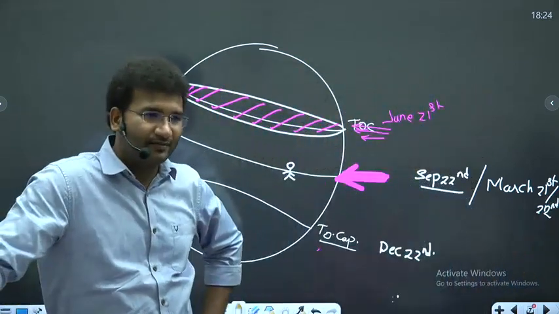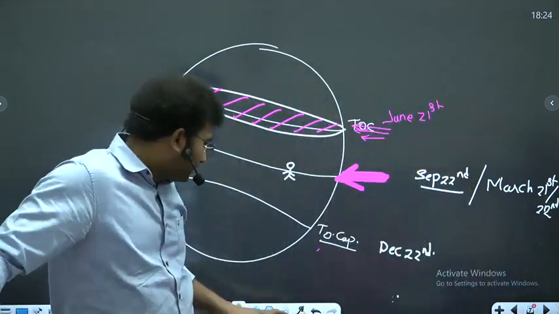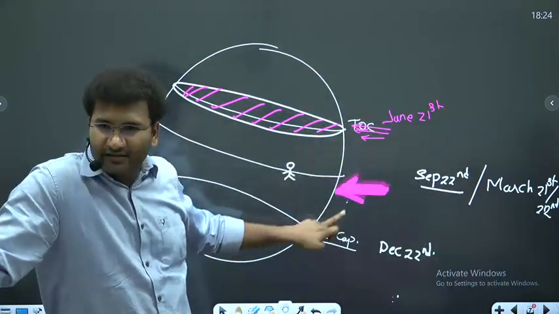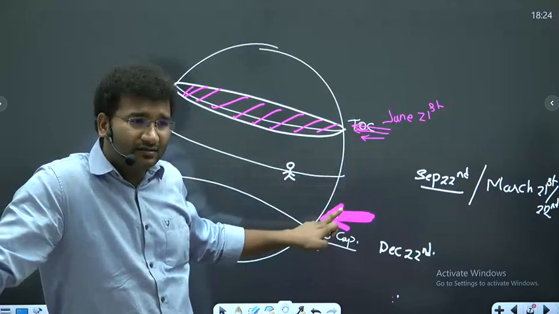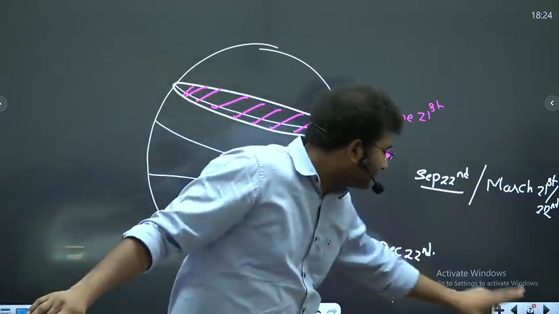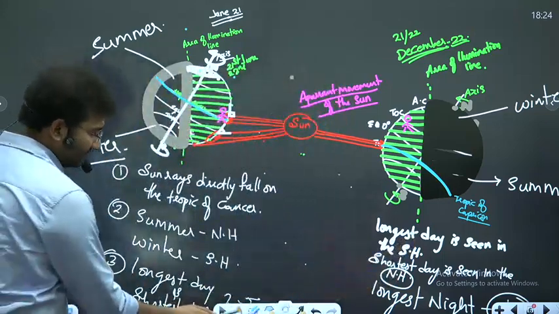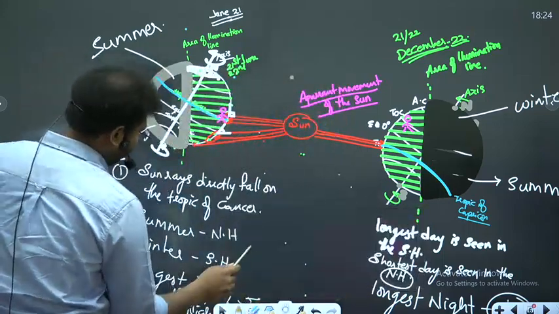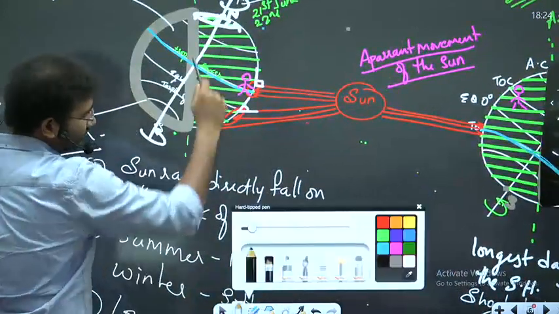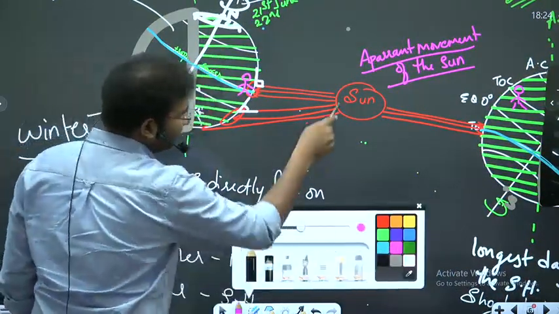Do you agree? And see, can you comprehend if I am moving this? Do you understand? Why am I moving this? See, what I am trying to explain is, I hope you are clear with this diagram. Which date is this? June 21st, right? So imagine the direct sun rays.